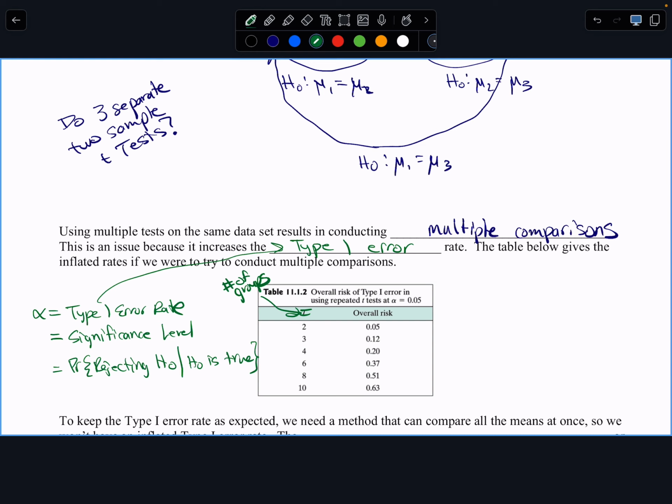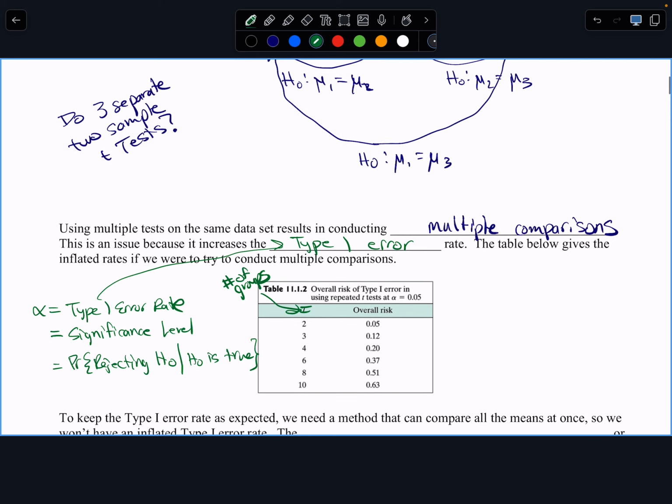Notice here, if I have 4 different groups, I'm going to do 6 hypothesis tests if I use the 2-sample t-test. Notice here, that type 1 error rate is no longer 0.05, it's 0.20, all right? And so we don't want such high type 1 error rates, right? If we set it at 0.05, we want to keep it at 0.05 and not these numbers here.